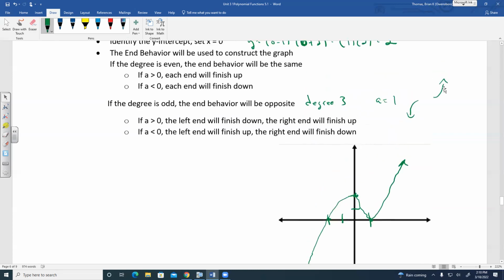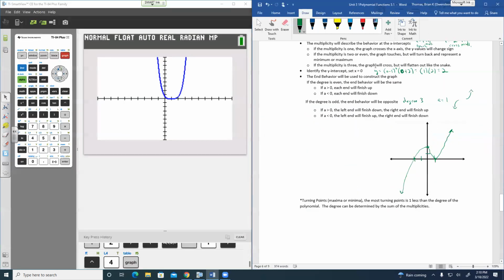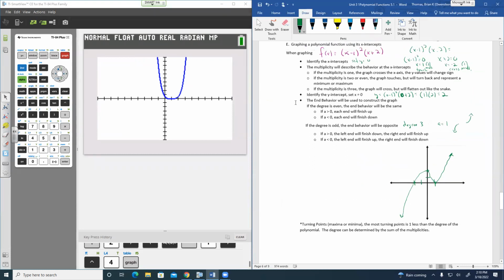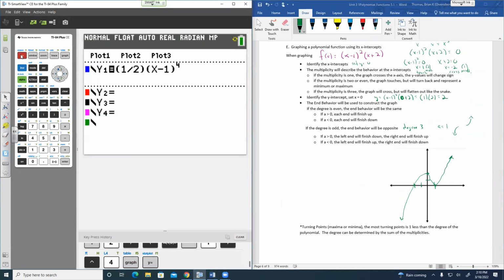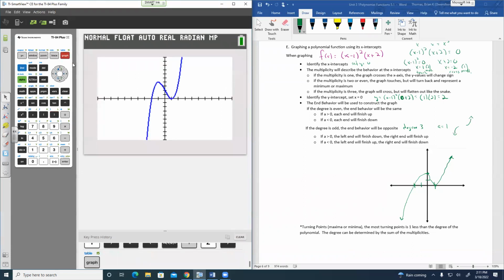Again, if I want to look at this from a graphing calculator perspective, if I want to verify my work, I put in y equals x minus 1 squared times x plus 2, and graph.